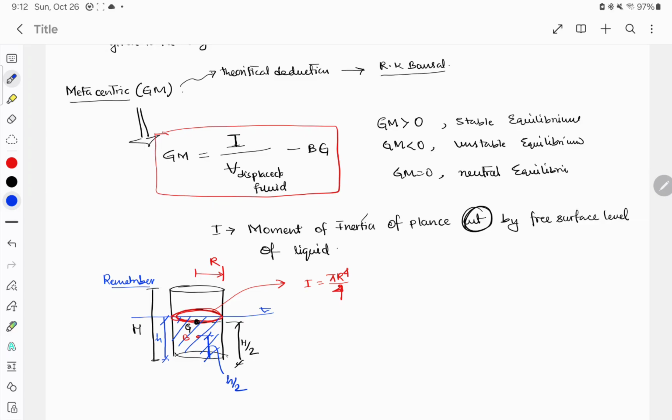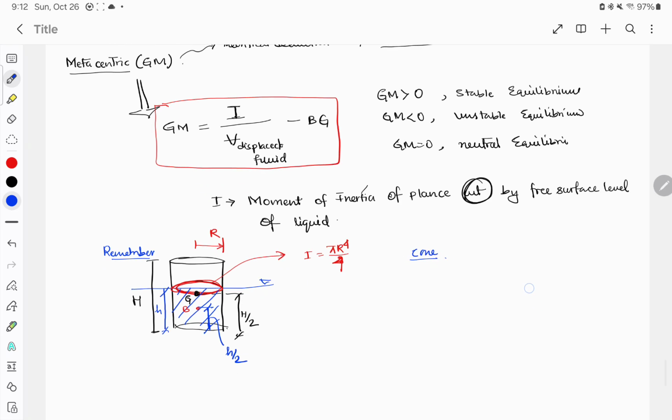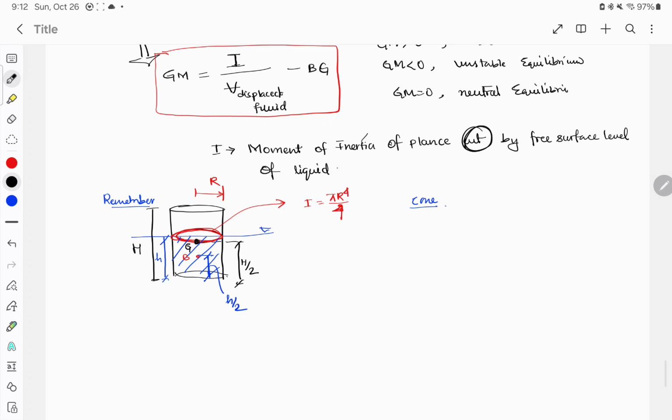Similarly, if instead of a cylinder they have given you a cone, how will you tackle the problem? Let us see that. I have a cone with base radius r.